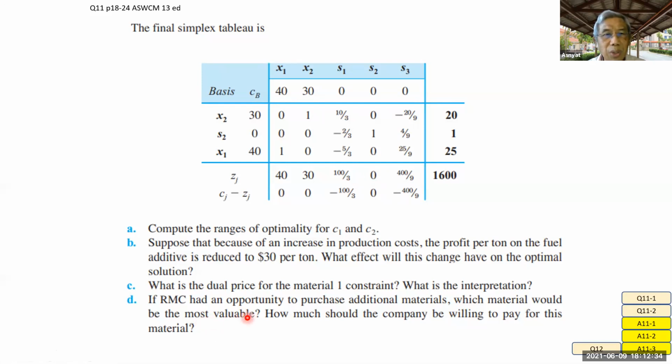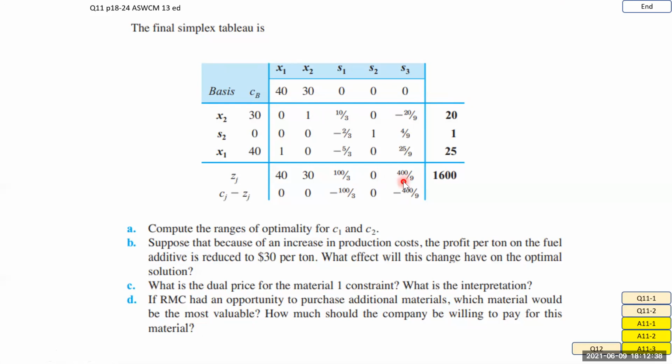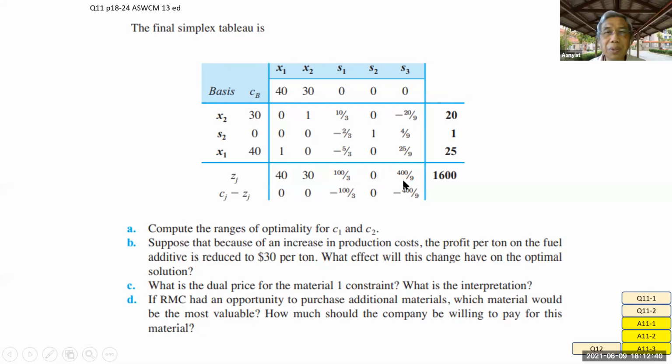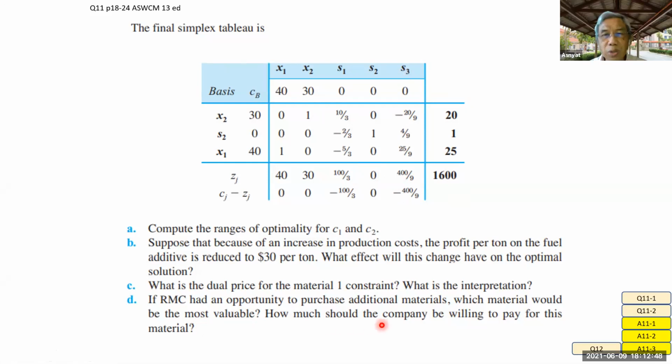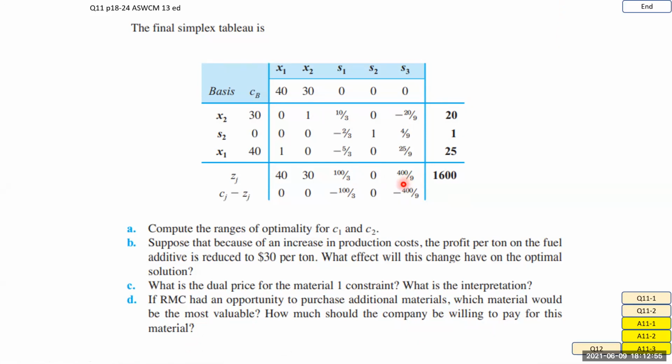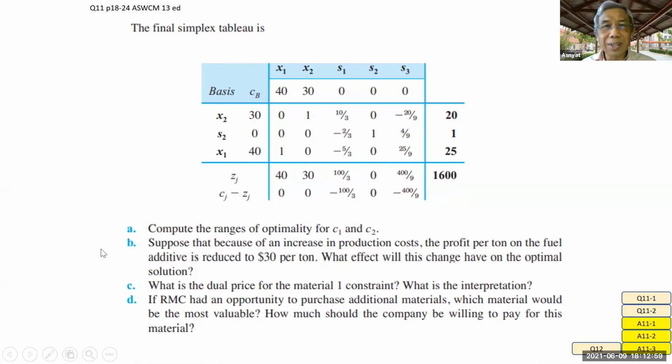Which one is most valuable? 44.44, that means material 3. How much are you willing to pay for this material at maximum? 44.44. Okay, done with this.